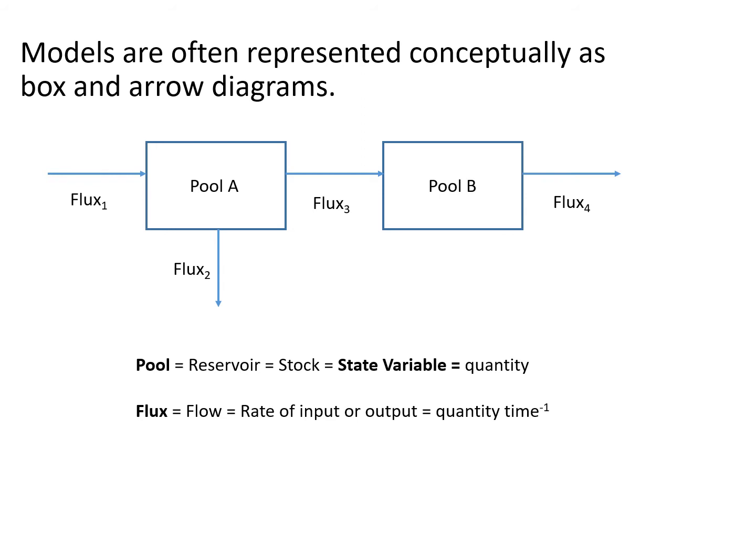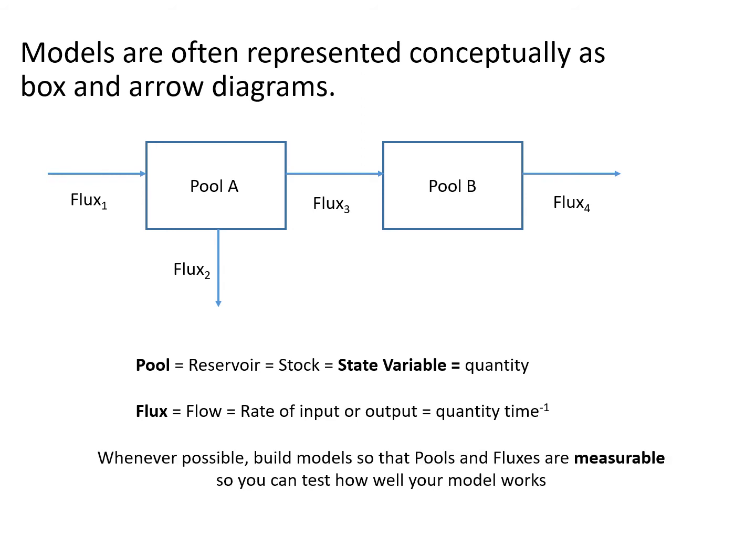All we need to show is that something's coming in. We don't necessarily have to show you the details of where it's coming from. Similarly, flux 2 and flux 4, we have material or individuals moving out of pools, but we're not specifying where it's going, and depending on our purposes, we might not ever have to specify where it's going.